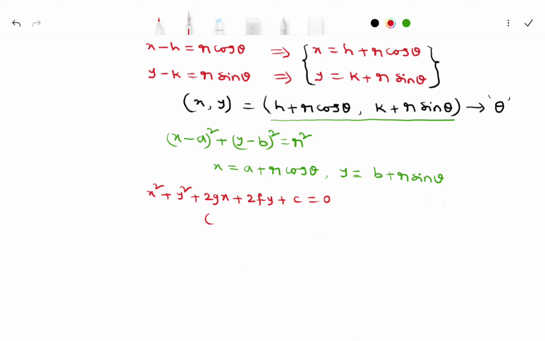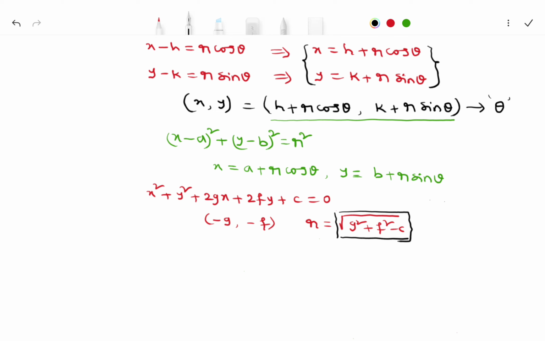The center is (minus g, minus f), and the radius is r. This value will be found by using this formula: root of g squared plus f squared minus c. Whatever value you get by using this formula, that is the r value.